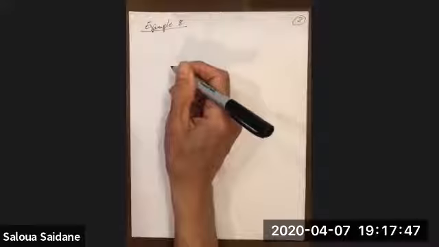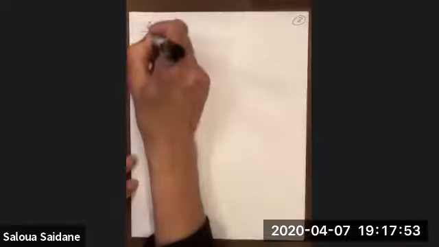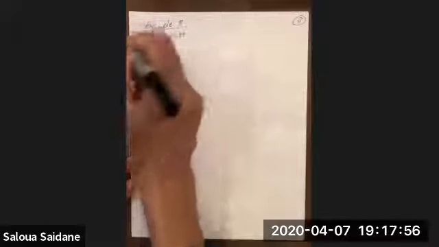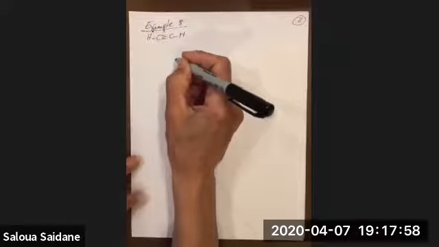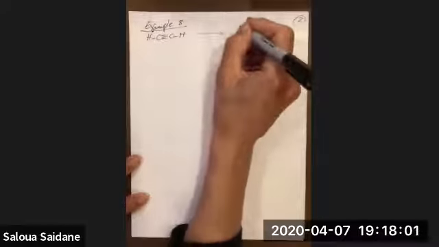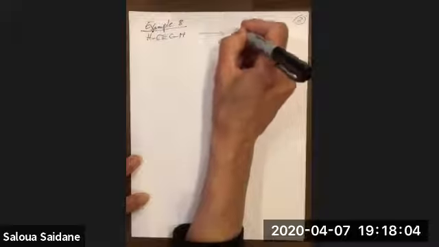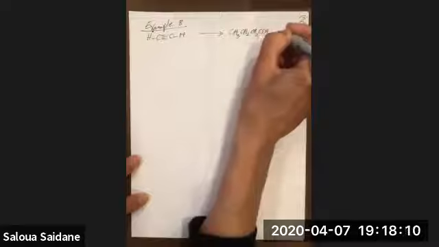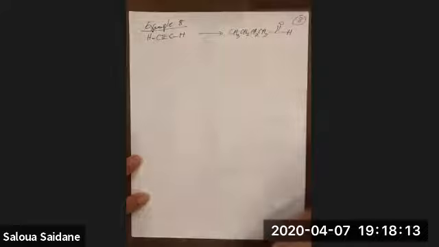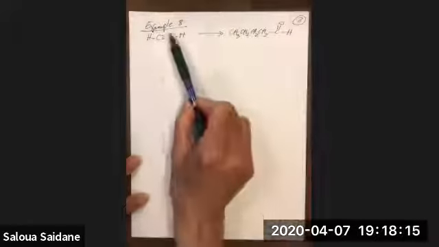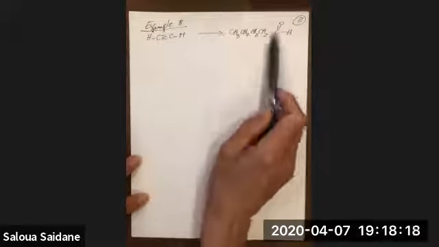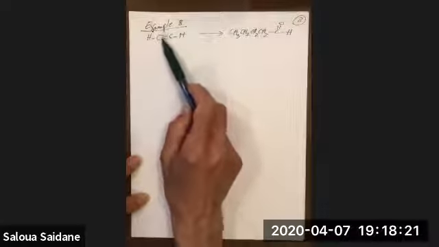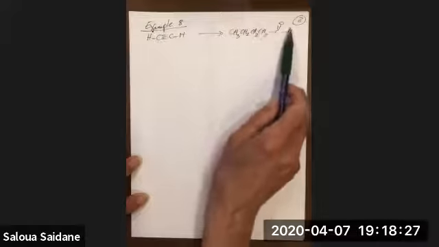So what do we have here for 8? We're going to start with HCCH, and we want to transform it into this. If you look closely, if you add water to an alkyne in hydroboration, you get an aldehyde.